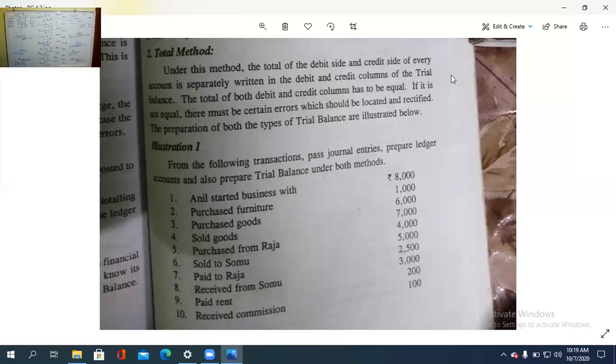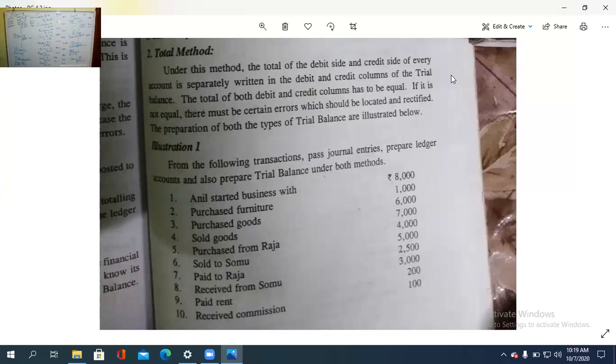So we already posted the entries. These are the entries and this is the posting. So firstly, first account, second account, third account, fourth account, fifth account, sixth account, seventh account, eighth account, ninth account. 9 accounts need to be prepared.